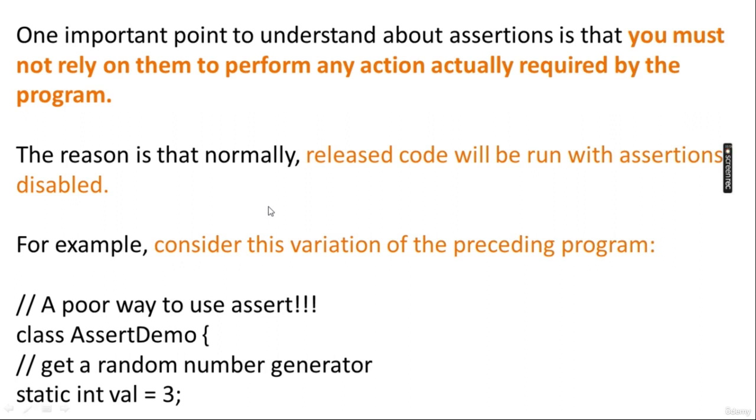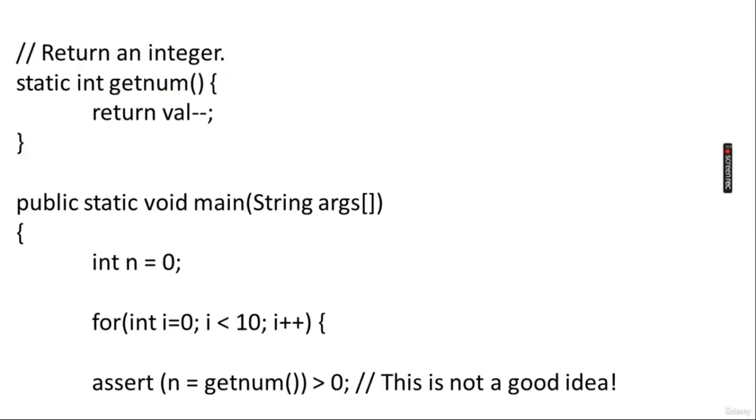For example, consider this variation of the preceding program where we make use of assert. Class AssertDemo, get a random number generator. Static int val = 3. Return an integer, get num returns val minus minus.